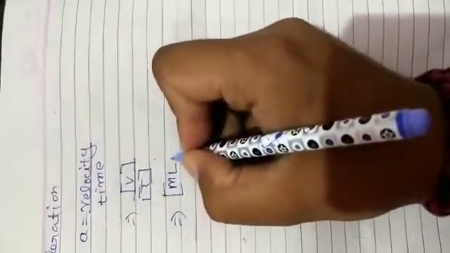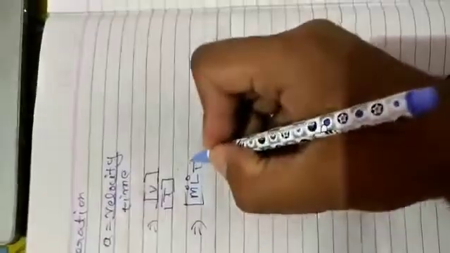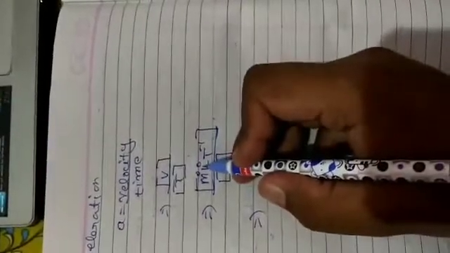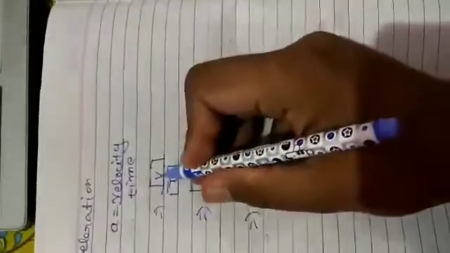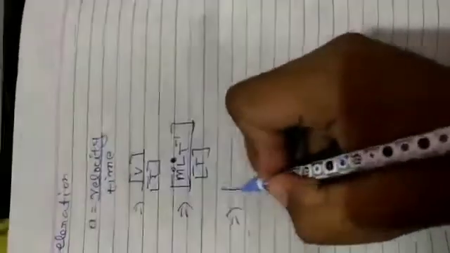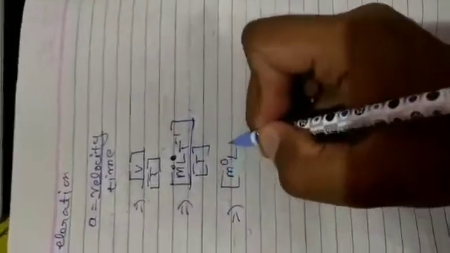So here we will write M L T minus 1 for velocity. So this will be M0 L T minus 1 upon T. Now T will go upside. Here L will not be 0 because velocity is length upon time. So M0 L T minus 1. Now T will go upside, so M0 L T minus 1 and minus 1 more, so M0 L T minus 2.